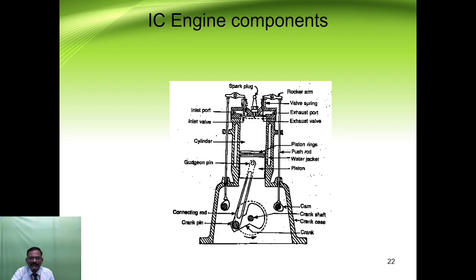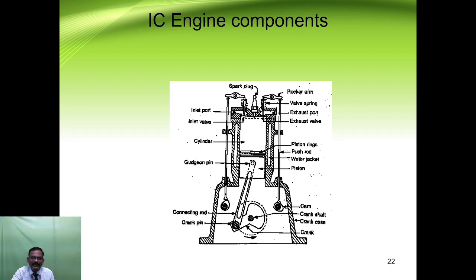The main components shown here are the cylinder, piston, inlet port, exit port, inlet valve, exit valve, spark plug, rocker arm, connecting rod, crank pin, cam, crankshaft, crankcase, crank, and push rod. So these are the components which exist in an IC engine.